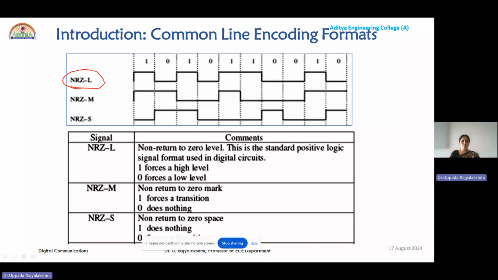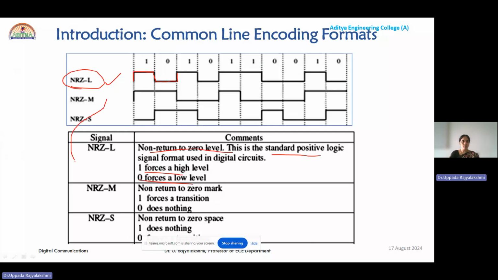In that binary string, if you want to represent using non-return to zero level, here one forces a high level and zero forces a low level. This is the standard positive logic used in various digital circuits.